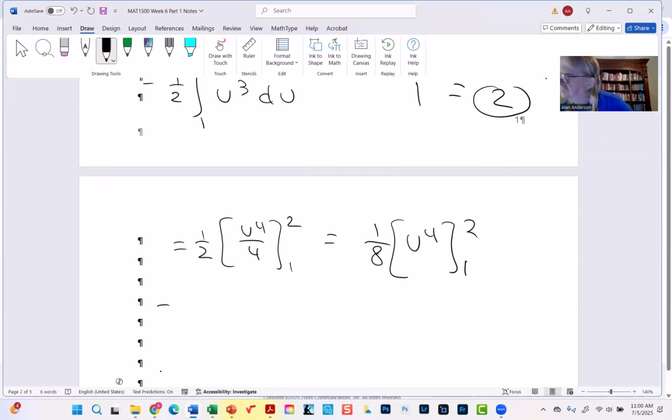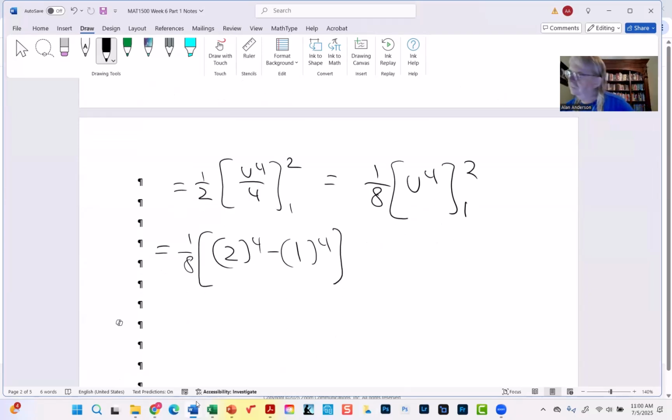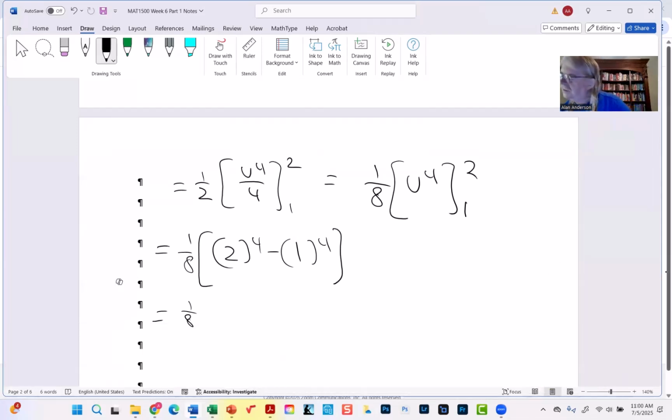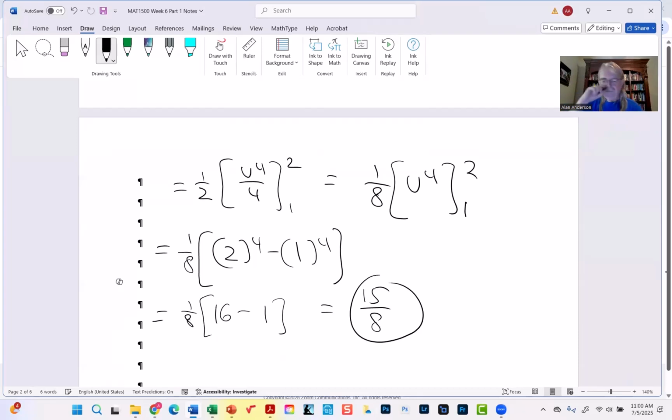We'll have 2 to the 4th minus 1 to the 4th inside the brackets. And so we'll have 16 minus 1 inside the brackets, and we ultimately end up with 15/8. And that's the final answer.